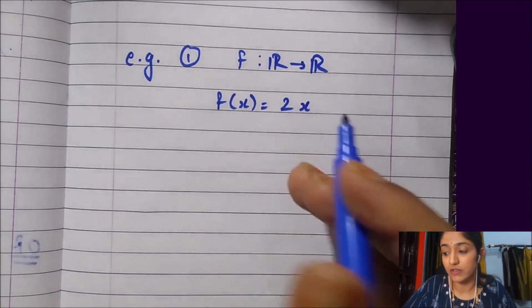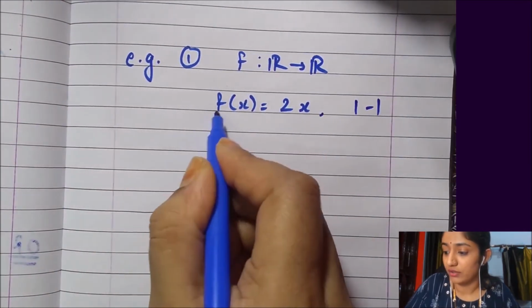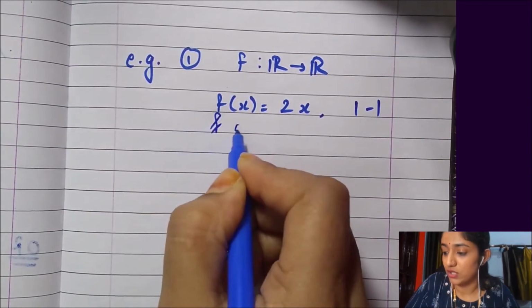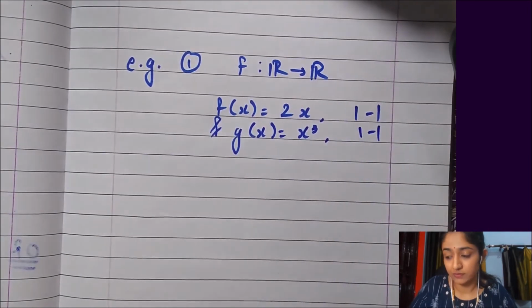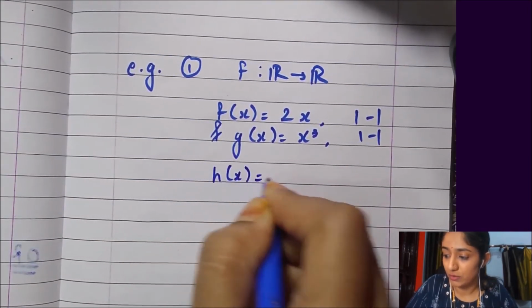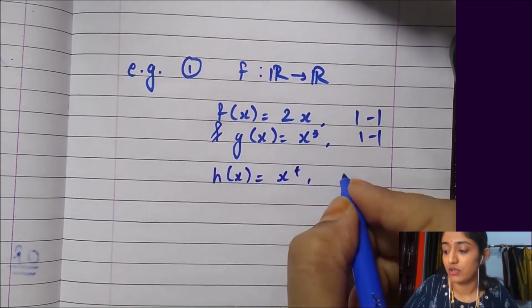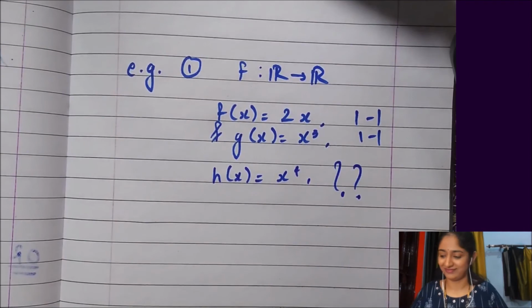So it is a one-one function. Or let us call this one g. g of x is equal to x cube. This is also a one-one function. Tell me whether x to the power 4 is one-one or not. Comment below.